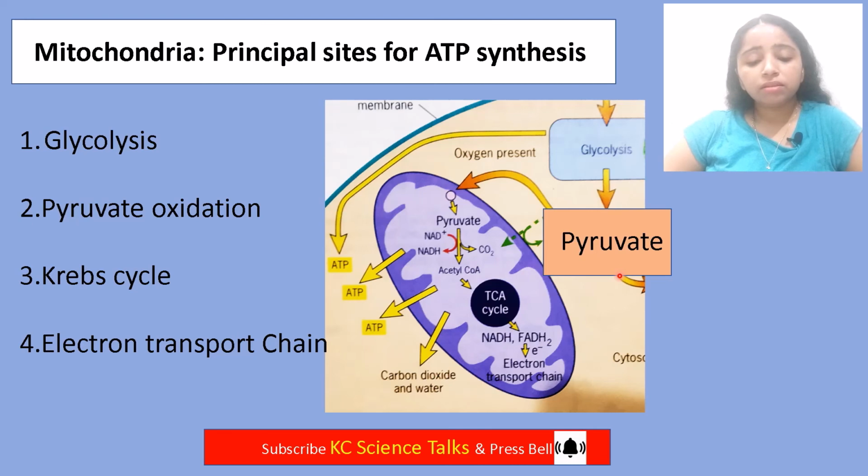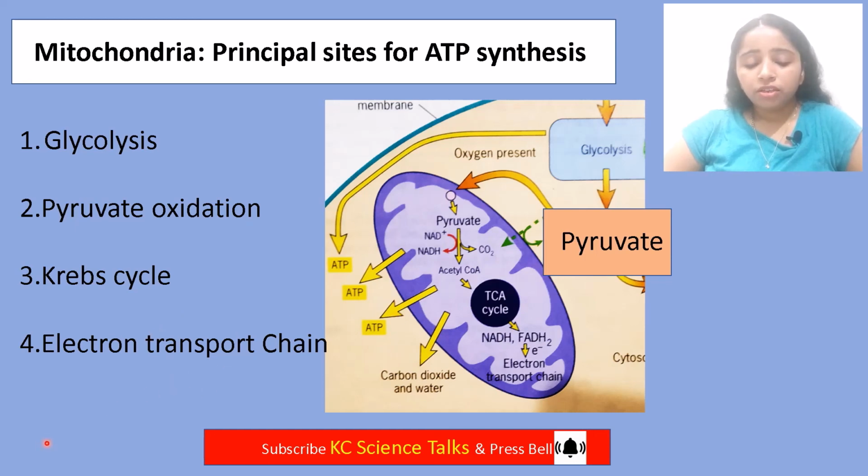Now, in order to extract energy from pyruvate, these 3 steps are required, and all these 3 steps occur in mitochondria. Pyruvate, after entering mitochondria, undergoes pyruvate oxidation, and the rest of these 2 steps also occur one after the other, and this generates numerous ATP molecules.